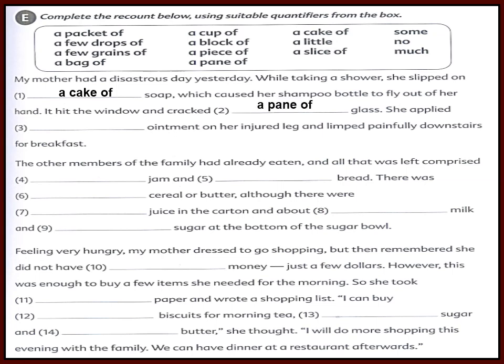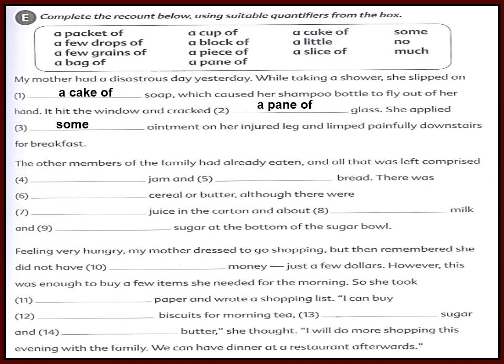A pane of glass. She applied dash ointment on her injured leg. Some, because we cannot count ointment, that's why some ointment on her injured leg, and limped painfully downstairs for breakfast.